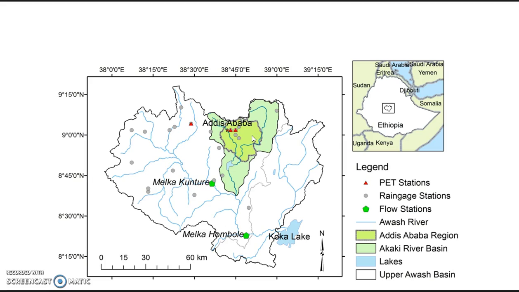Due to the current political reasons, I would resort to use the Akaki River Basin instead of Addis Ababa to assess the land use, land cover change. So this would be our area of interest for most part of the course. Whenever we need to extend the area, then we'll be using the entire upper Awash River Basin.